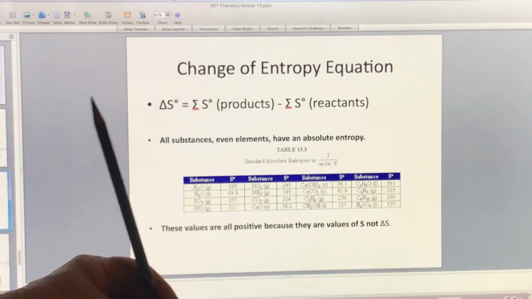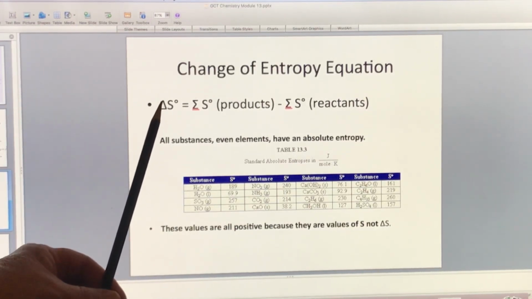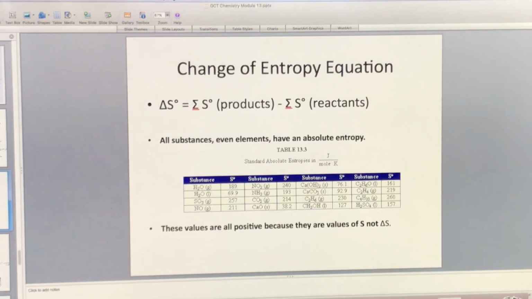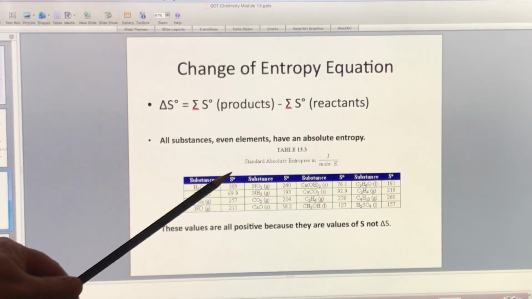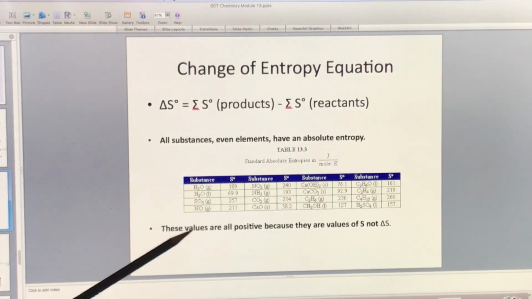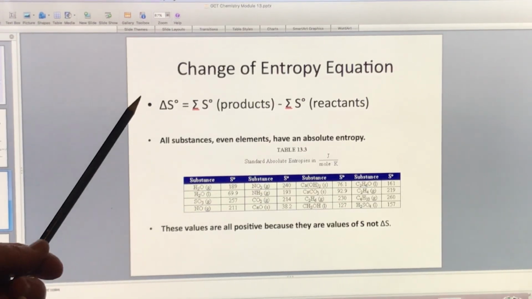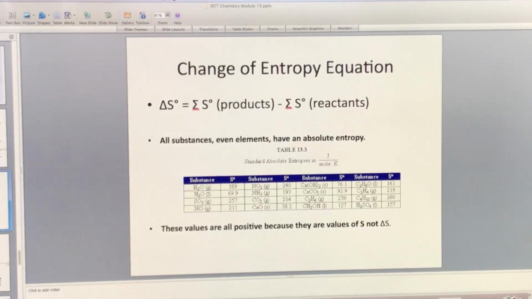And that should look very familiar to you because our delta H formula was very, very similar. And in this type of calculation, we use a table, just like we did in the other problems, which will help us generate a specific number for an equation. And the book just likes to point out these values are all positive because they're actually reporting the value of S and not actually the delta S.